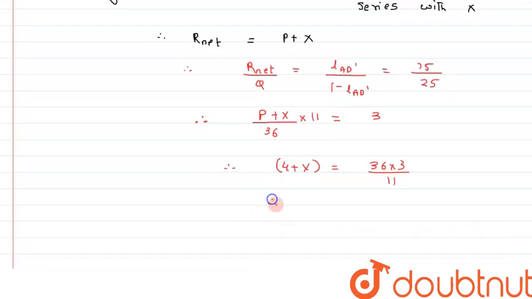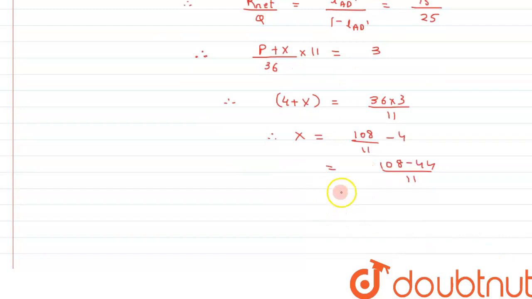So finally the result comes out to be X equals 36 into 3, that is 108 by 11, minus 4. So this can be written as 108 minus 44 by 11. So finally the result will be equal to 64.